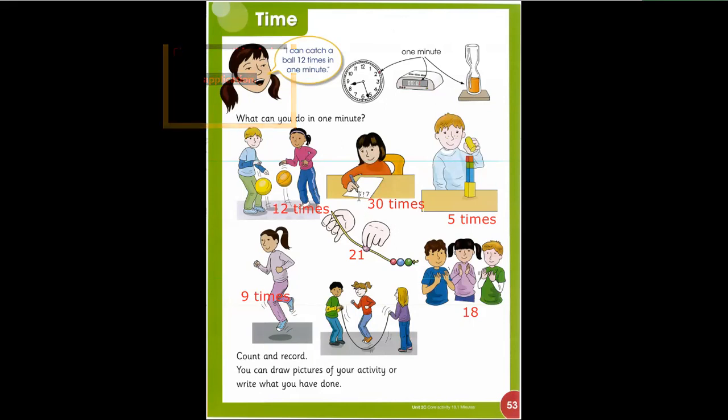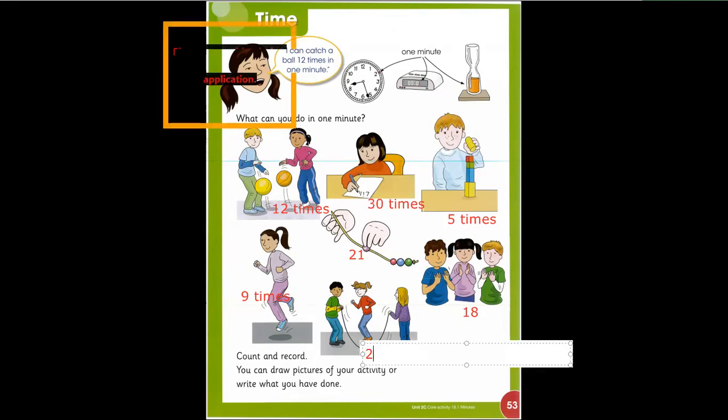So what do you think, boys? How many times can they jump? Okay, not 28 times. You can say it is near 20. Near 20 she can jump in the string.